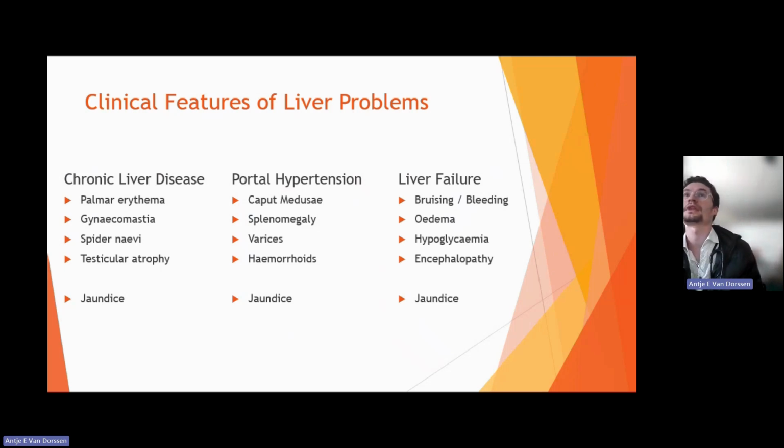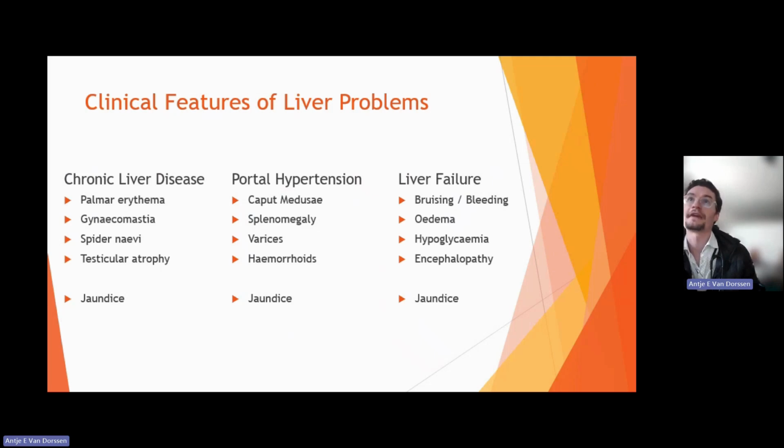Splenomegaly is also then a cause or a sign of portal hypertension. If the patient has varices, I know the surgeon's nightmare, upper GI bleeds of patients with varices, and then hemorrhoids as well. And these patients also, of course, can have ascites.